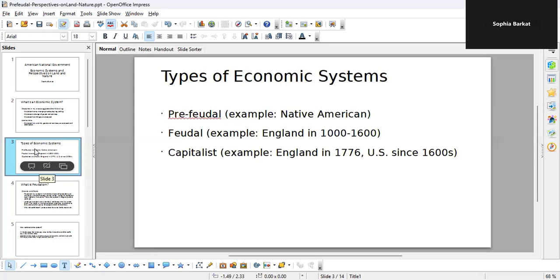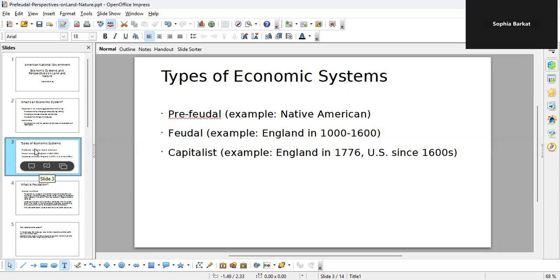Pre-feudal societies. What are they? In the readings that we have looked at related to Native American culture, such as Vine Deloria Jr.'s paper, and also more recently, looking at Winona LaDuke, if you were able to look at that, that was optional.